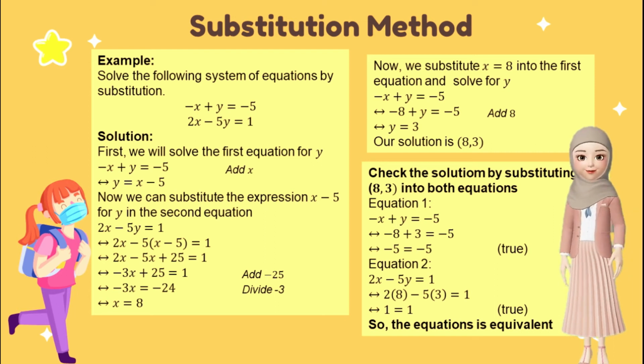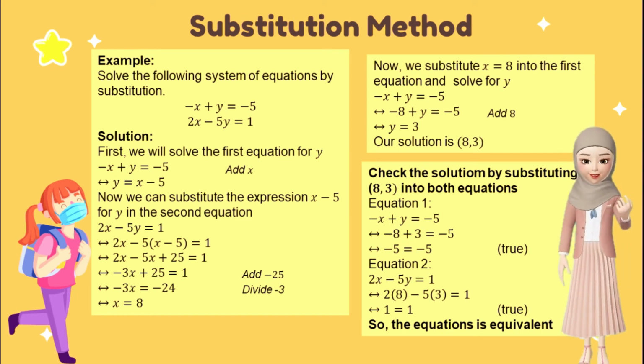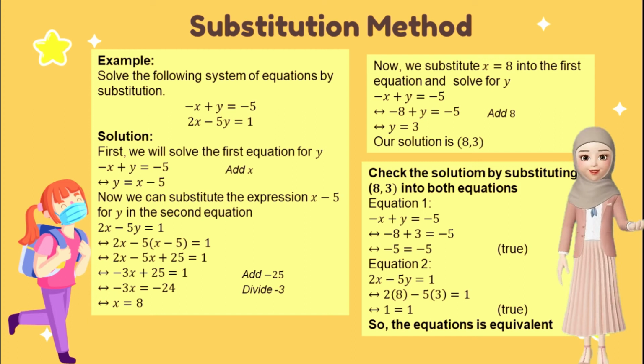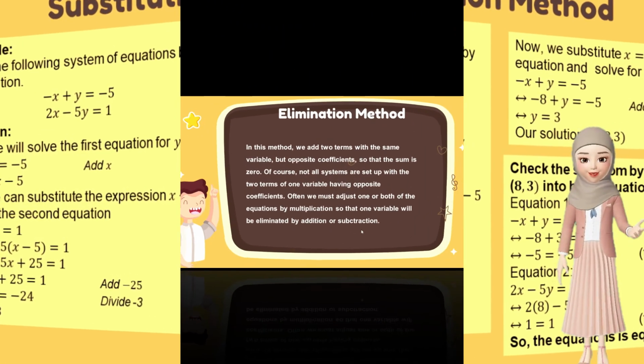Next, the second equation is 2x minus 5y equals 1. Substitute x and y, so we get 2 times 8 minus 5 times 3 equals 1. So, we get 1 equals 1, which is true. So, the equations are equivalent.